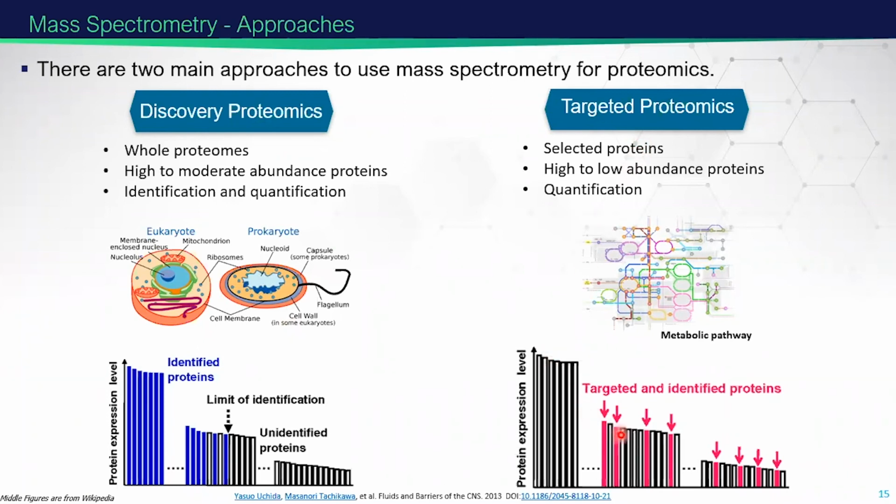You can use it to monitor lots of low abundance proteins. Sometimes even peptides you cannot see in discovery proteomics data, you can still see in targeted proteomics mode.